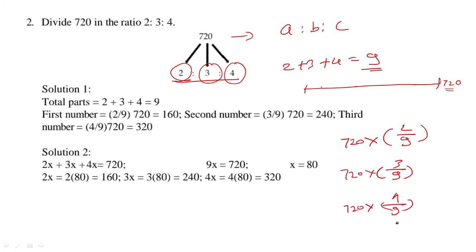The answers that come are the divided numbers. So the answers are 160, 240 and 320. You can practice these questions now, and then you will get the complete concept of it.